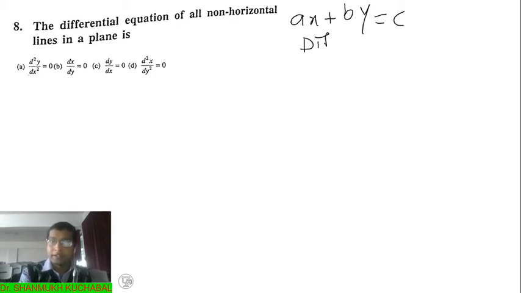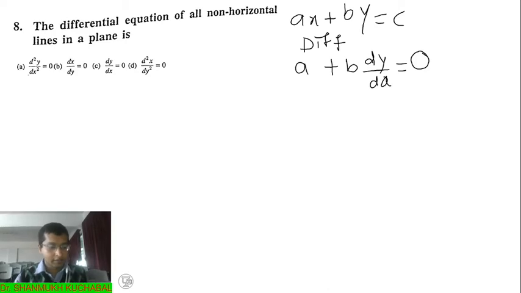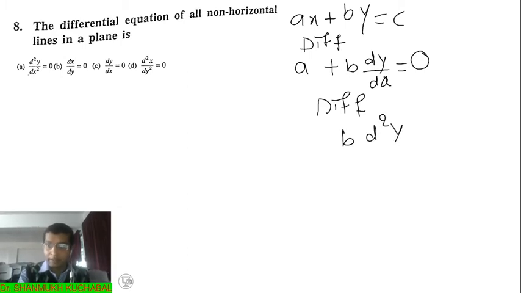So differentiating we get a into 1 plus b times dy by dx, and c is a purely constant, its differentiation is 0. So further once again we differentiate this one. Differentiation of a is 0 and b as it is, dy by dx differentiation is d square y by dx square, equal to 0 once again.